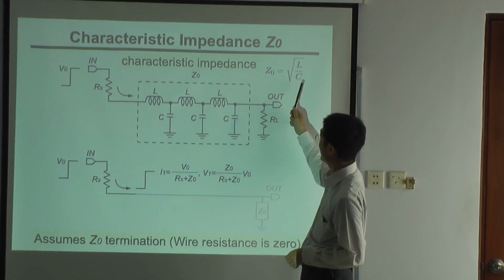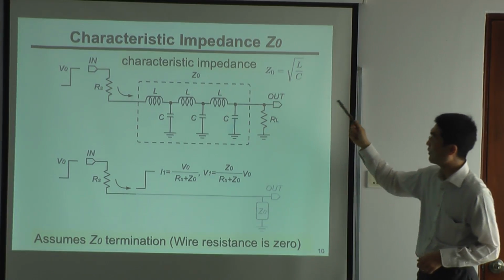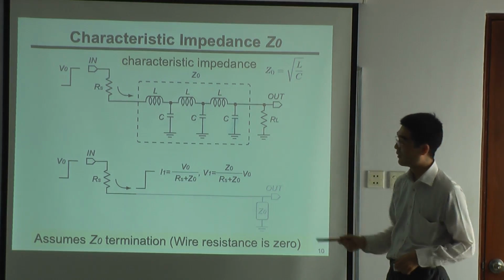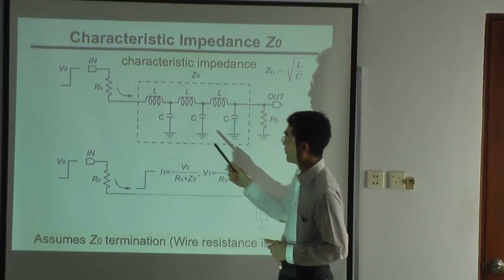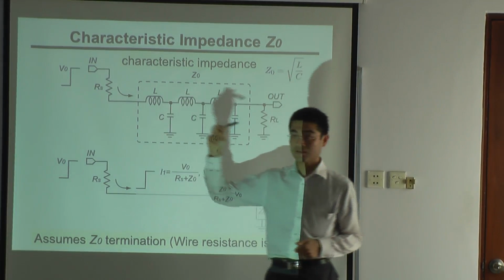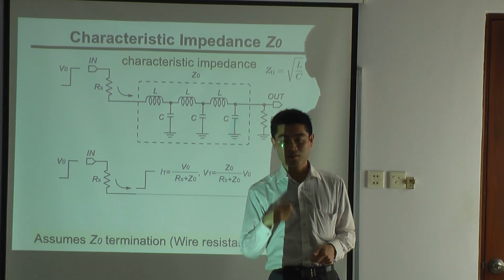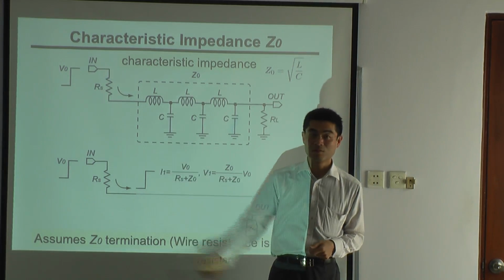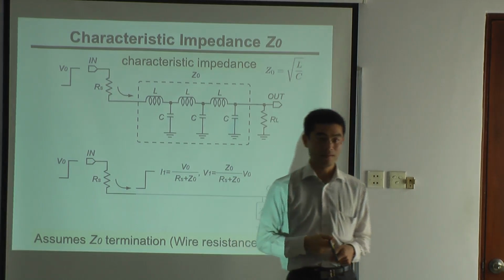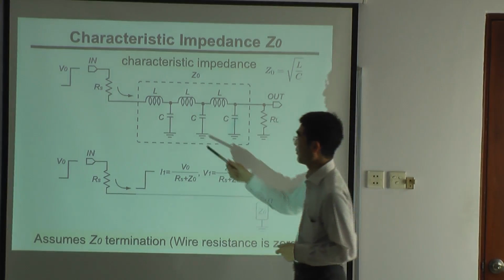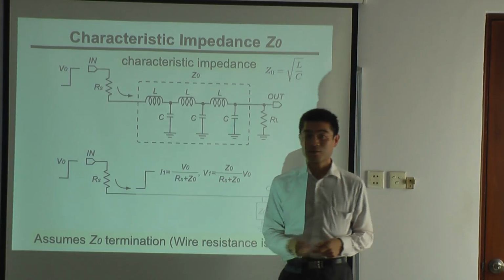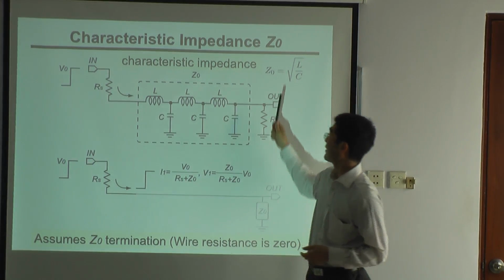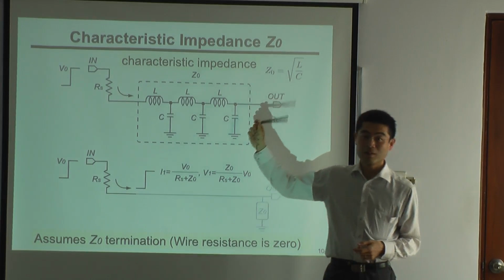As you may know, you see L over C. L is expressed as j omega L, and C is 1 over j omega C. So both of them have an imaginary part of impedance for AC signals, but Z0 has only a real one.